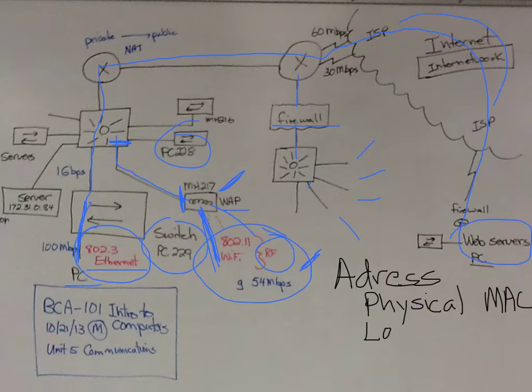And then we have a logical address that we have in the device, and we use Internet Protocol, or an IP number. This identifies each device, and this is a logical one that identifies which network you're coming from. So this has both, and it's able then to communicate out here.